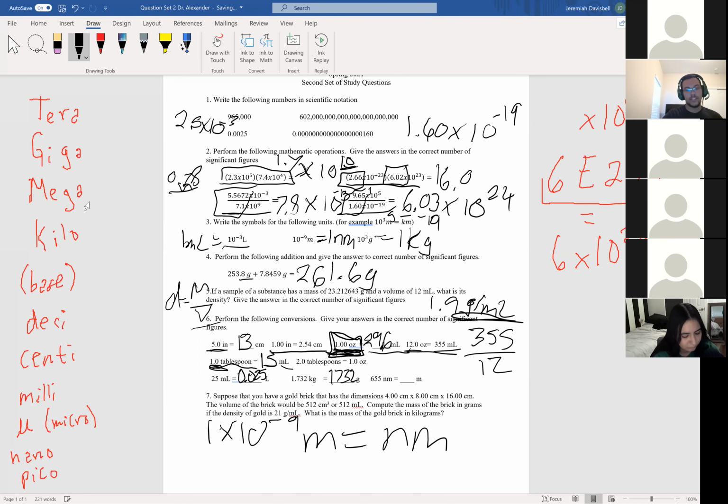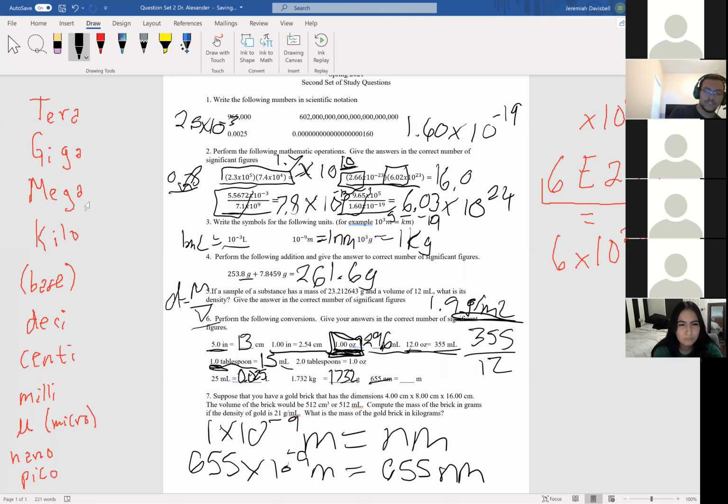So basically, instead of putting that 1, we could just put in this 655. So 655 times 10 to the negative 9 meters equals 655 nanometers. So is that in scientific notation, or do we need to change something?